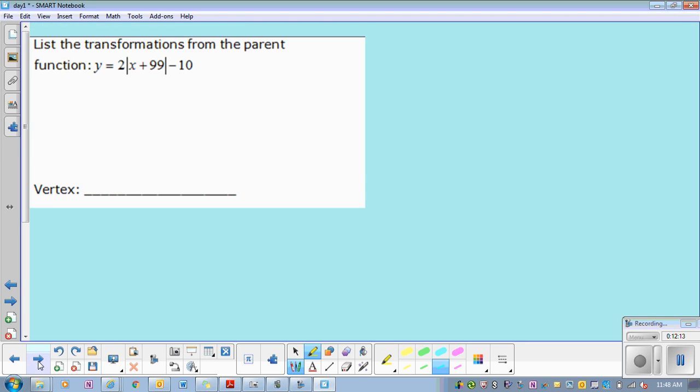All right. So tell me what happened here. Tell me the transformations. After we do this, we can stop. You know your parent function is y equals the absolute value of x. So what kind of changes happen here? Tell me one. Good.